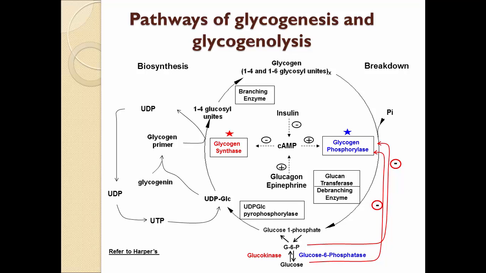So once the glycogen primer is formed, then glycogen synthase and branching enzyme do the job, adding more glucose and forming branching chains, and eventually form the very complex glycogen molecules, right?